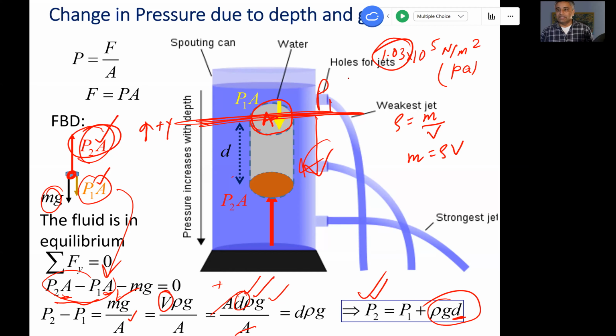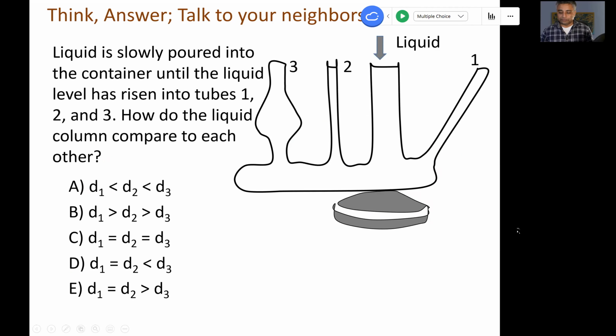So you need an oxygen tank because you cannot get enough oxygen from the atmosphere there. You need an oxygen tank to survive, to breathe, okay? So anyway, that's the depth or height dependence of pressure at 2 points.